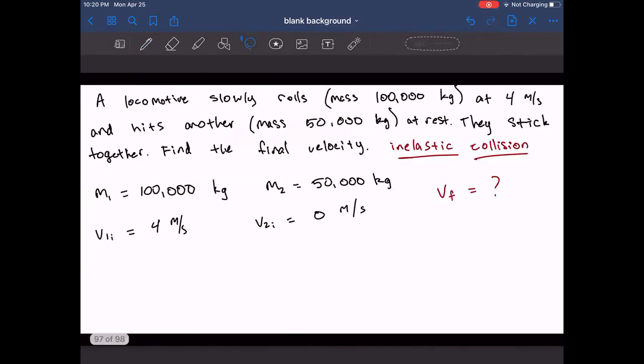So what do I do now? You need to find the final velocity. I think that you would use, that's your hint, velocity.